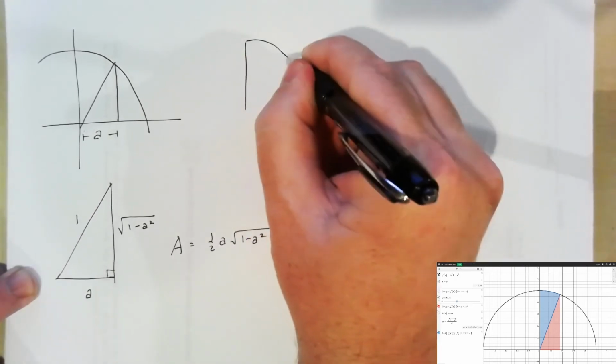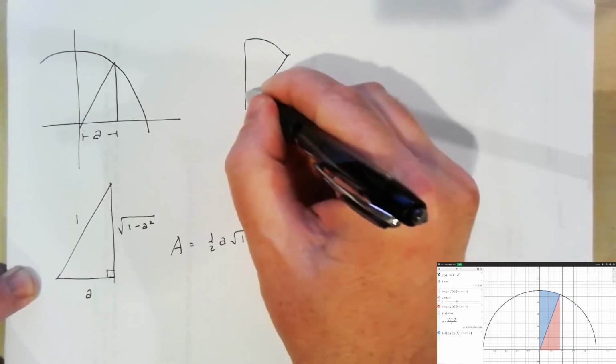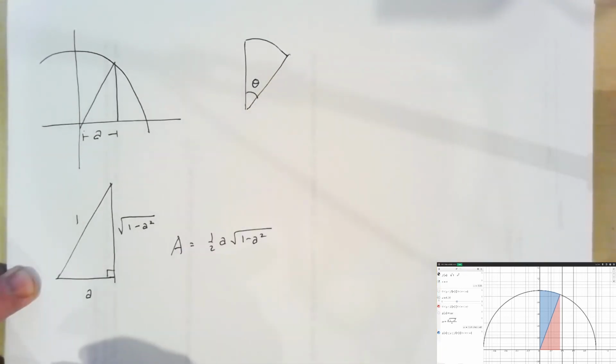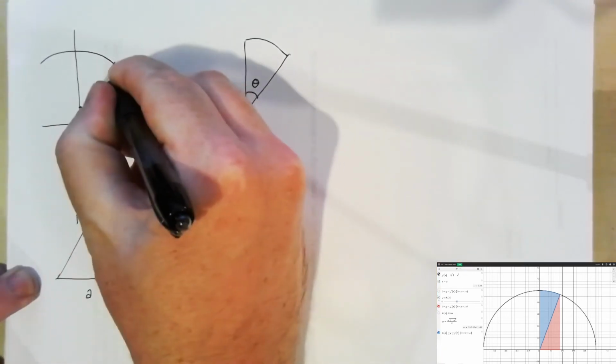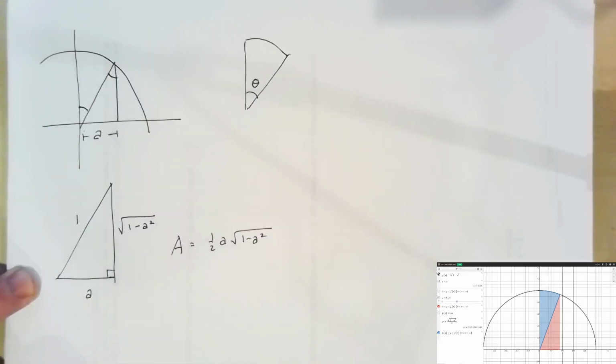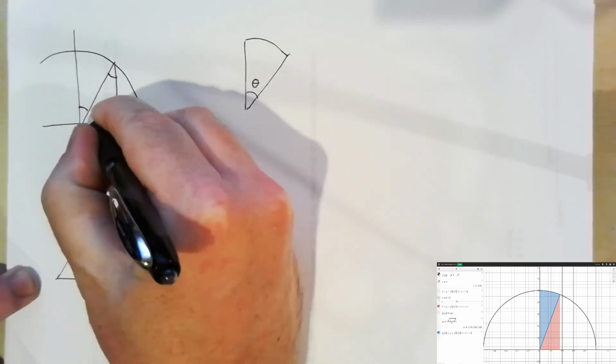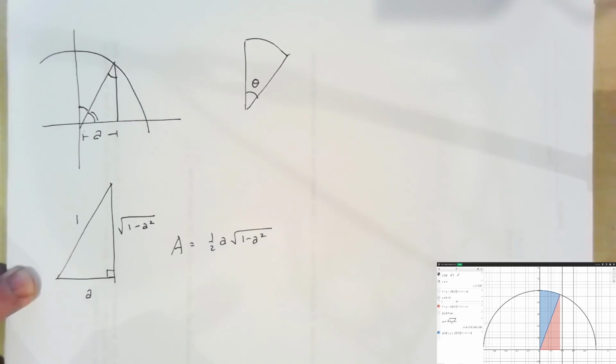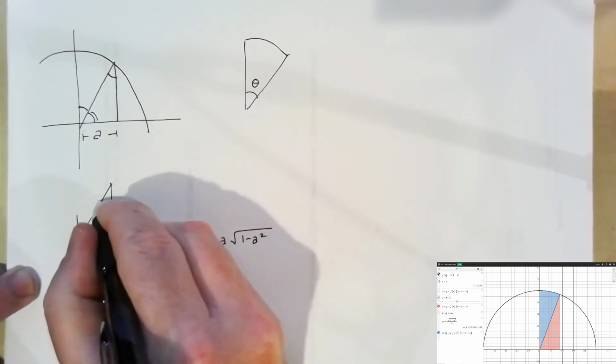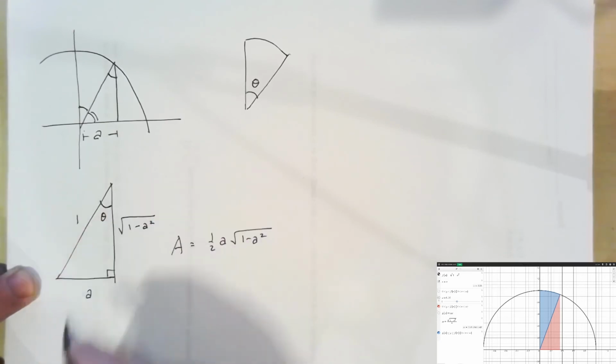Well, that looks like this, and I need to know that angle theta. But this angle here is the same angle as that angle there, because they're opposite interior angles, or they're both complementary to that angle right there. So I need to know something about this angle theta.